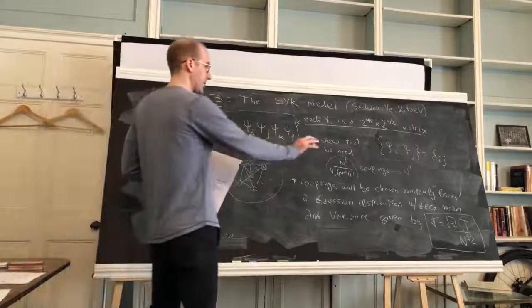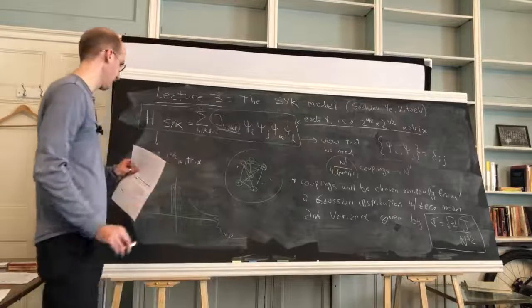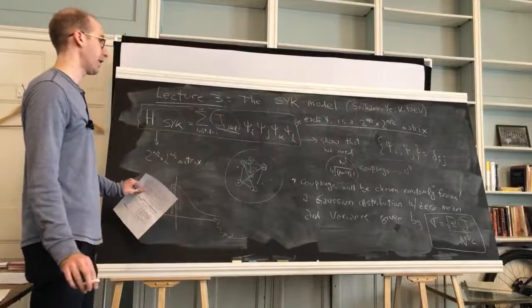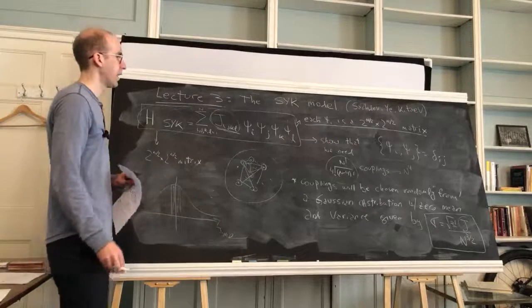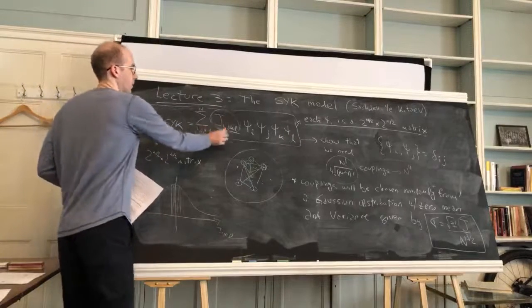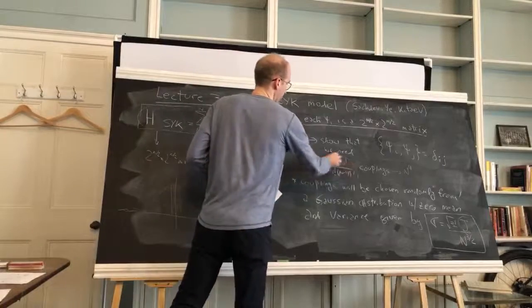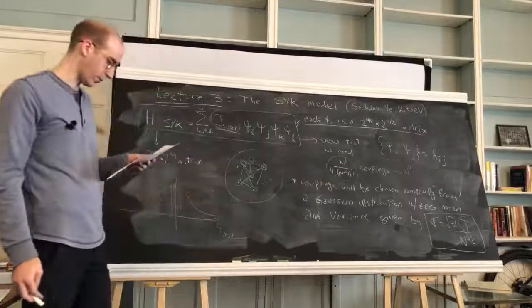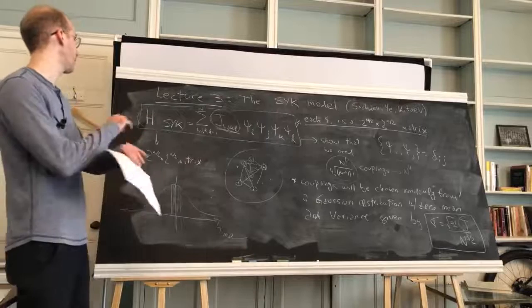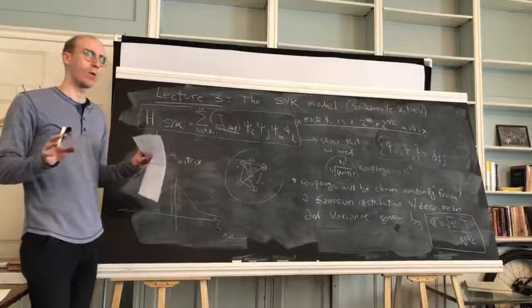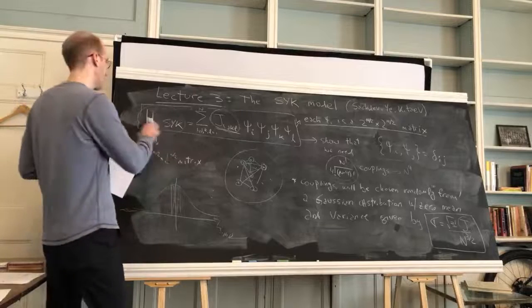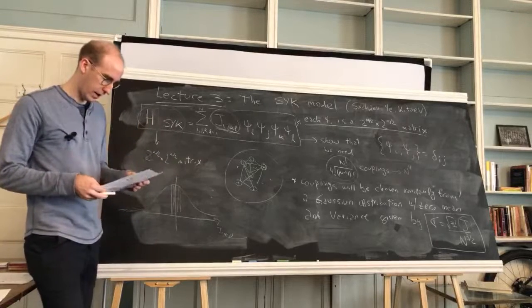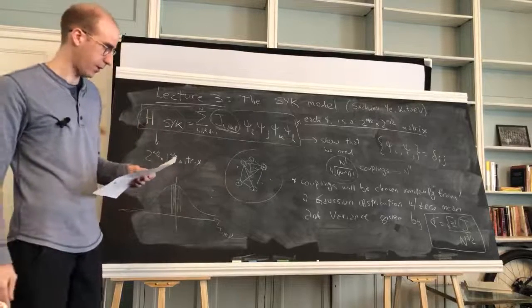And so once we fix n and J, we have this Gaussian distribution of couplings, and then we choose randomly n factorial over (n minus 4) factorial of those, and that fixes one particular realization of this model, and we can work with that Hamiltonian and solve the theory.